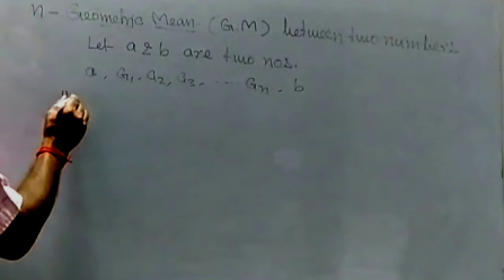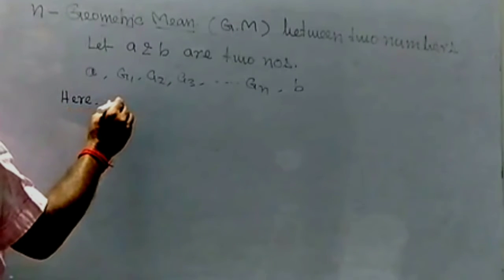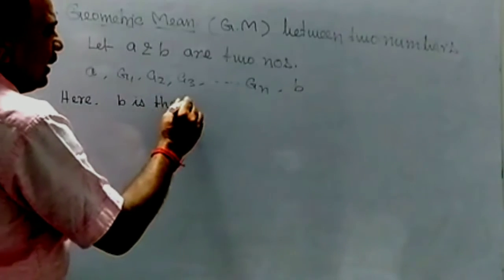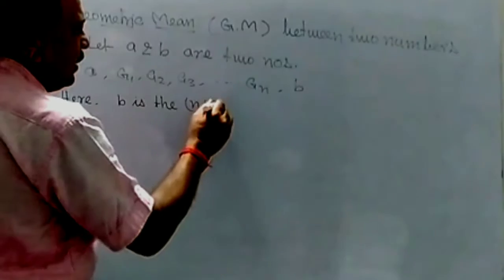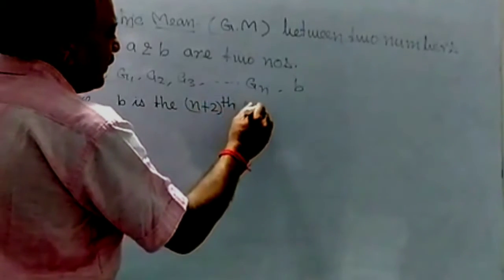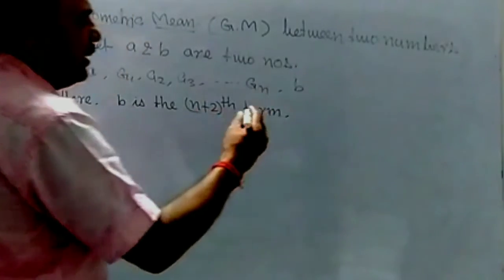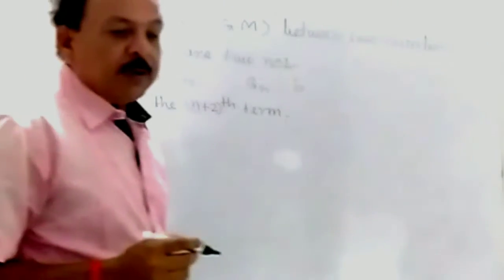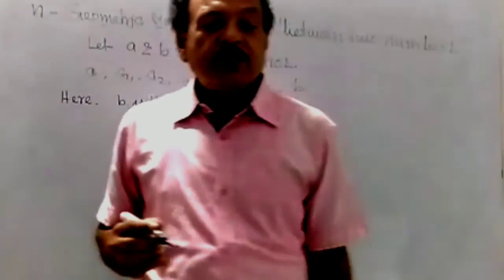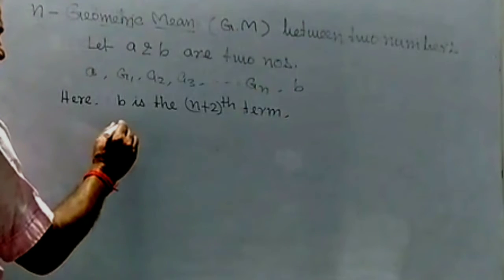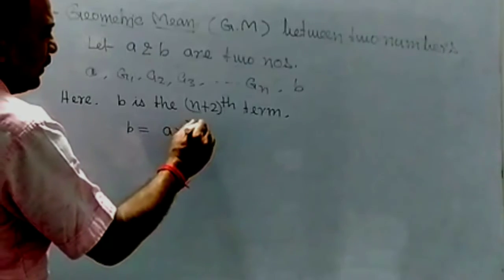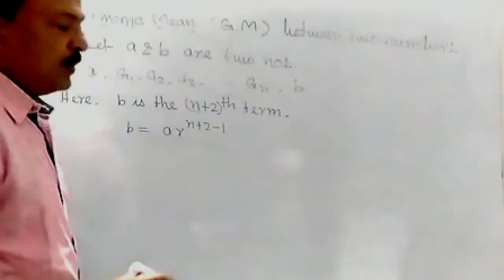B is the n plus 2th term. Therefore, B equal to A r to the power n plus 2 minus 1.